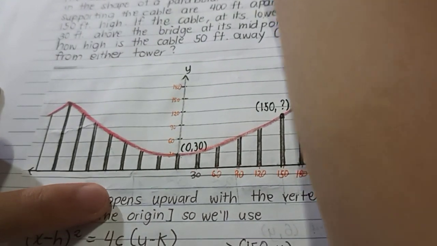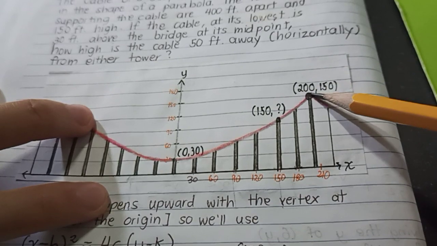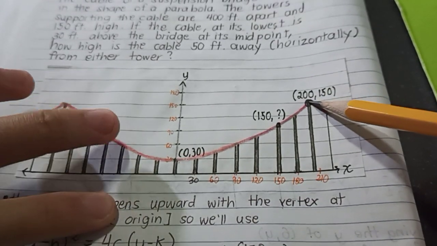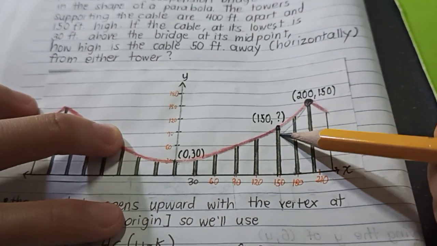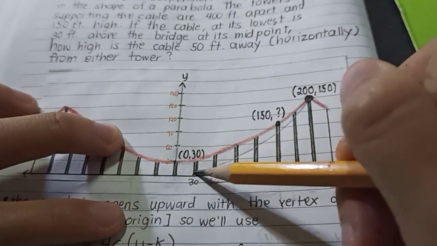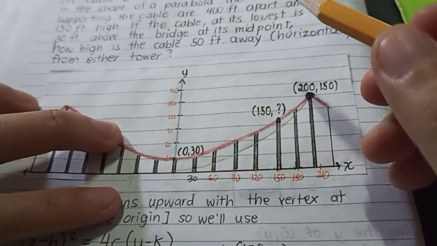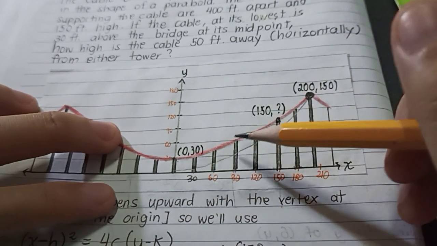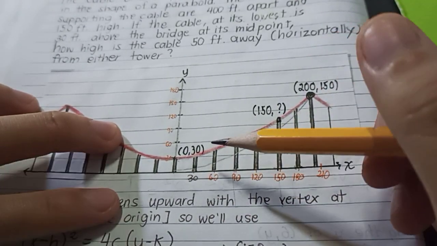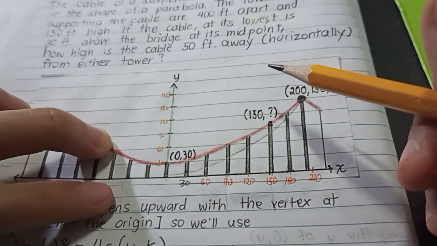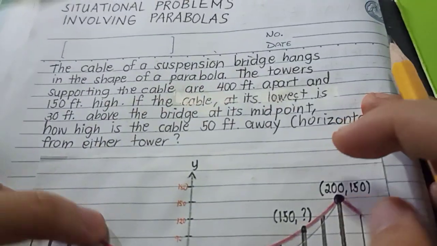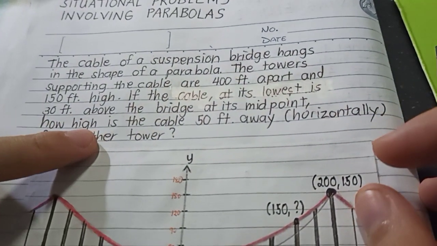Because a suspension bridge is delicate, if they bring the cable all the way down, that's why suspension bridges are designed like that. So, future engineers. Anyway, going back, let's resume.